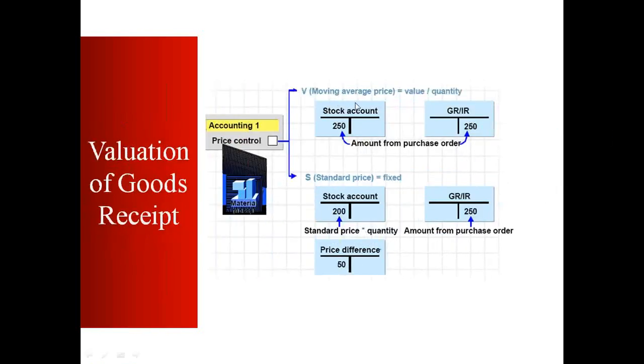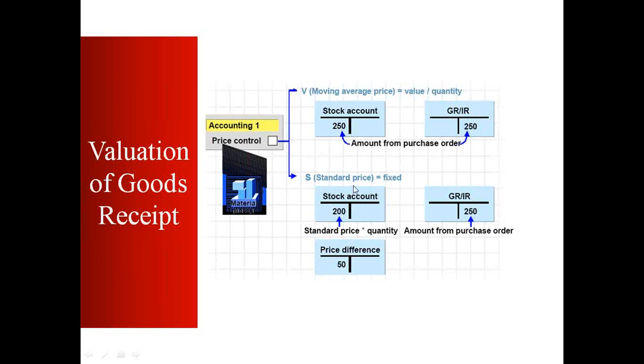When you talk about the standard price, say 200 is the standard price, and you received a purchase order with a value of, say, 250 for 10 pieces. In the case of moving average, the value from the purchase order will be posted straight away, because moving average is linked to the purchase order.